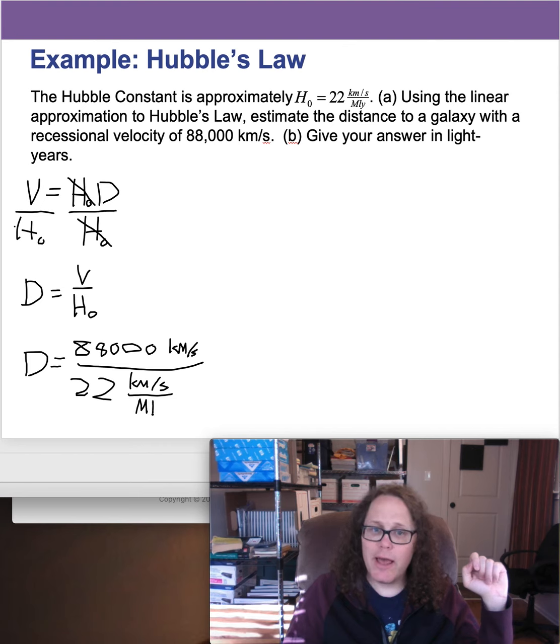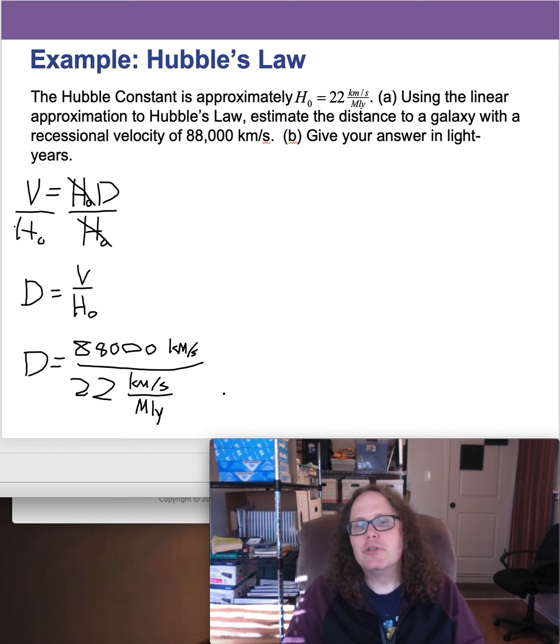Remember that capital M is mega. Mega means million, per million light years. The numbers are simple. You put them in your calculator. You'll get 4,000. What we really need to deal with here are the units.